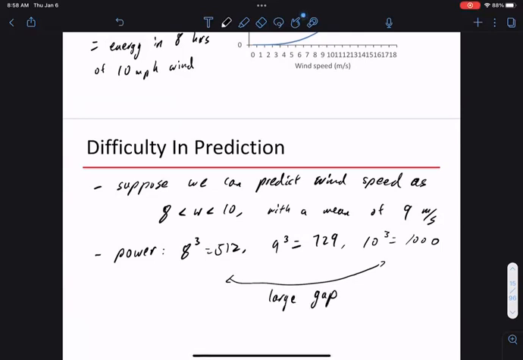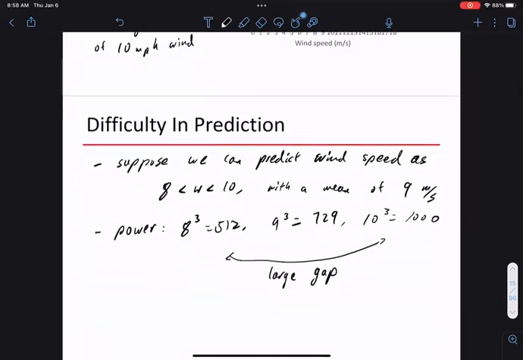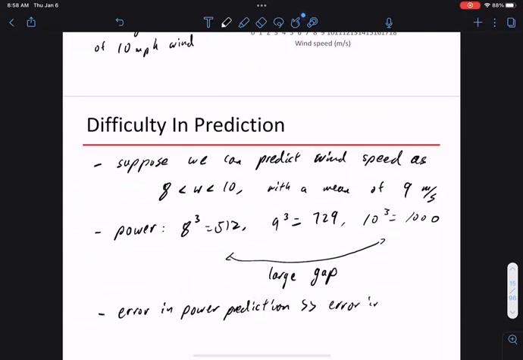Okay, this is a very large gap, right? This gap comes from the fact that you're again cubing the speed. Once you start cubing something, even if you can predict speed well, power is not predictable. So the error in power prediction is often much larger than the error in speed prediction.